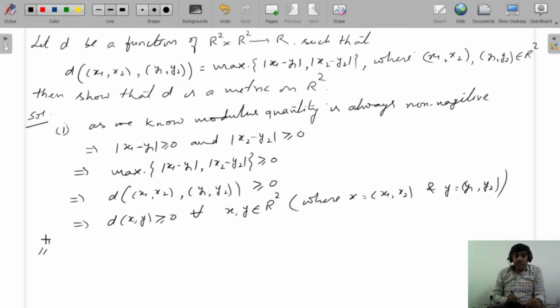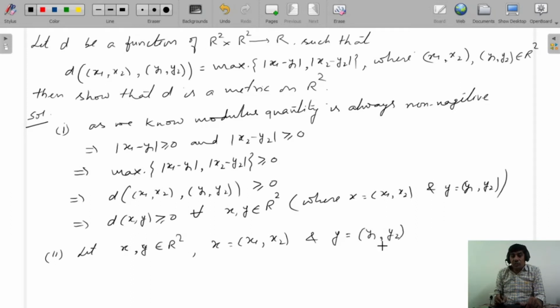Second, let x, y belongs to R square, where x is equal to (x1, x2) and y is equal to (y1, y2). Suppose D(x, y) is equal to 0.